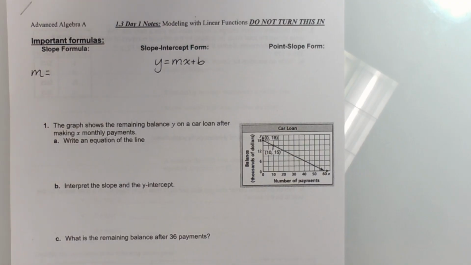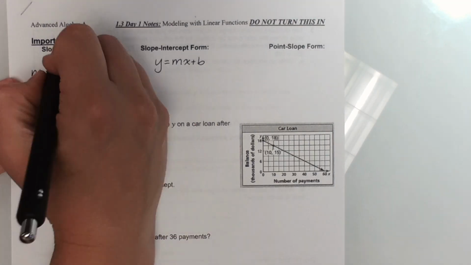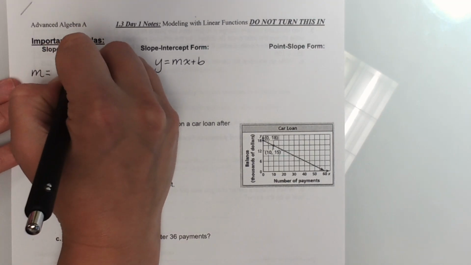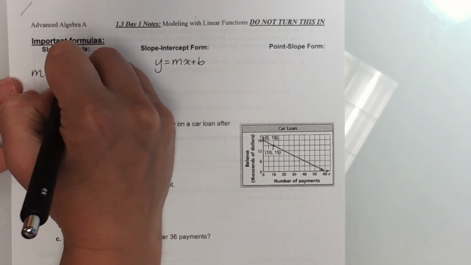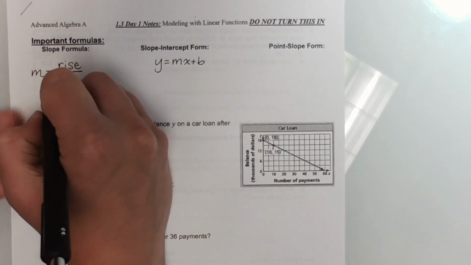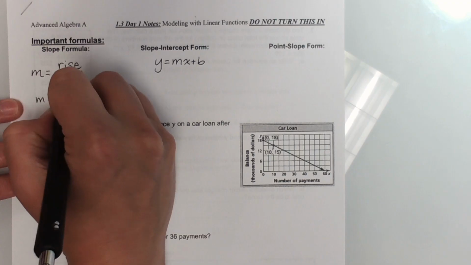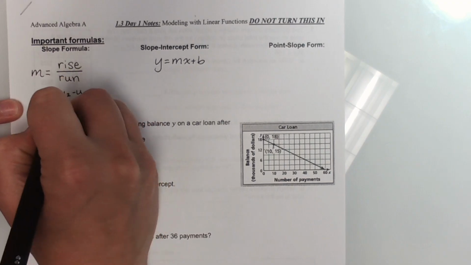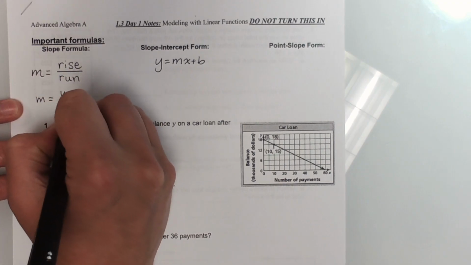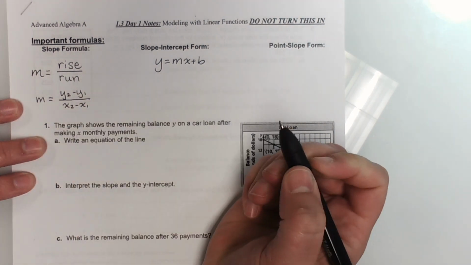Slope formula, m equals, how do you calculate the slant of a line? Rise over run is one way that it's done. The true formula says it's y2 minus y1 over x2 minus x1.